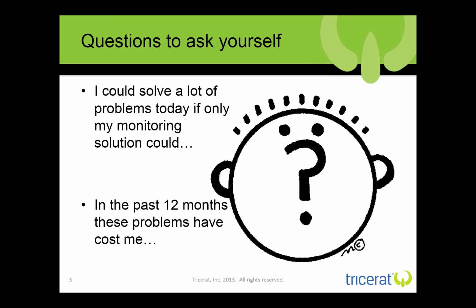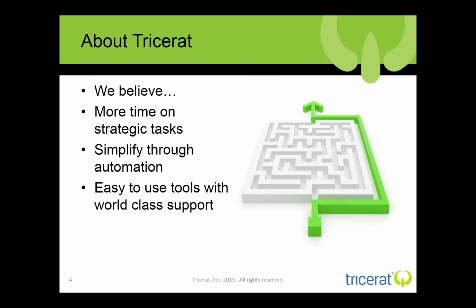Think for a minute about this. Think of a situation that you've been in recently or are currently in that could have been avoided or resolved. Think about how these problems may have impacted you and your organization. So take a minute, write it down. You can feel free to type it in the chat box. We're also going to be doing a poll later, right, Doug? So we'll put that question box up again for later. For now, think about that, and we'll move on.